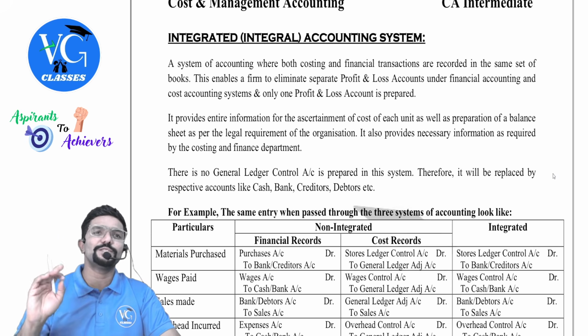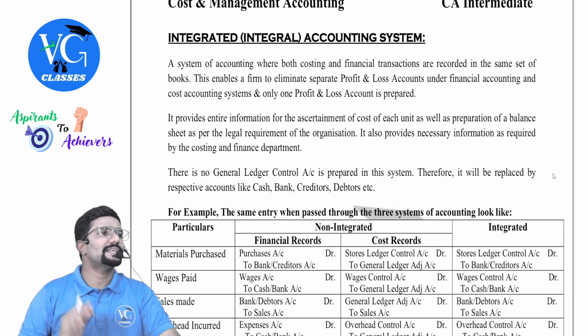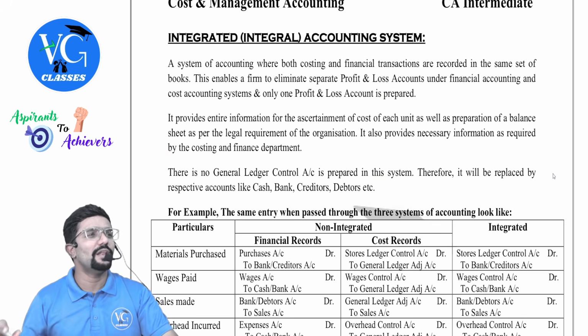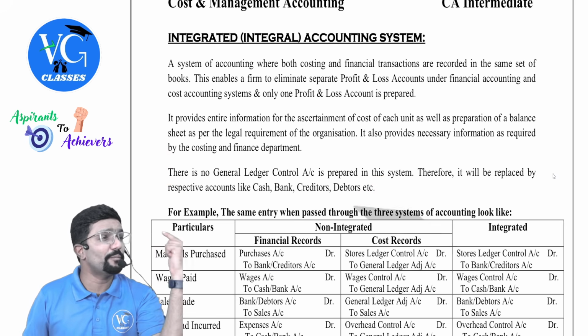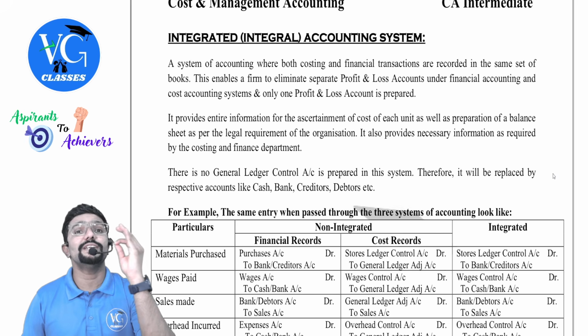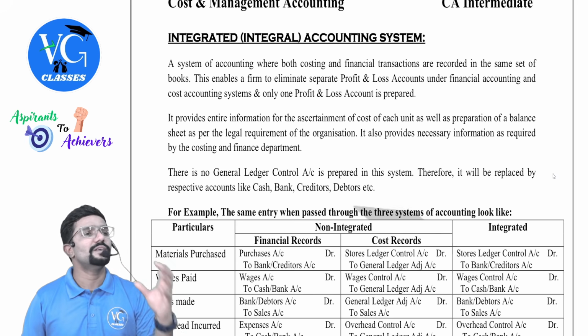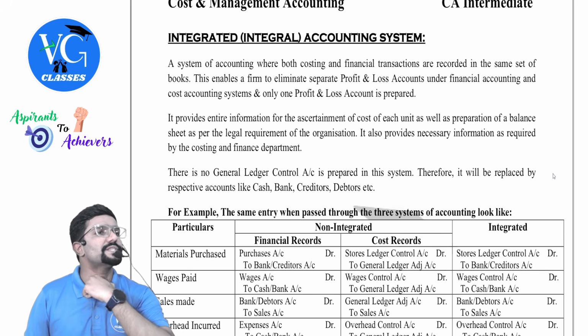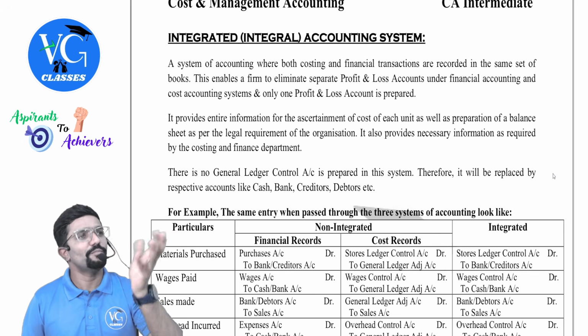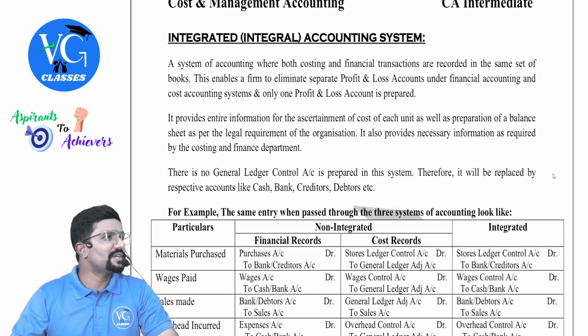Now, sir, what is the difference between non-integrated and integrated? Simple. Under non-integrated, we opened one extra account to just complete the double entry system. What is it called? General ledger adjustment account. Which accounts does it replace? Cash, bank, creditors, debtors. Now bring those accounts instead of the general ledger.